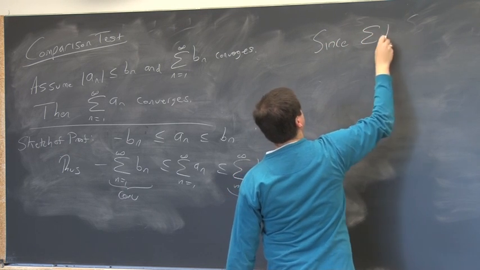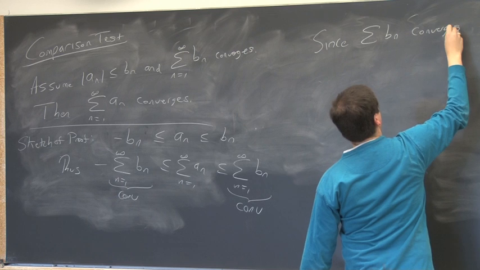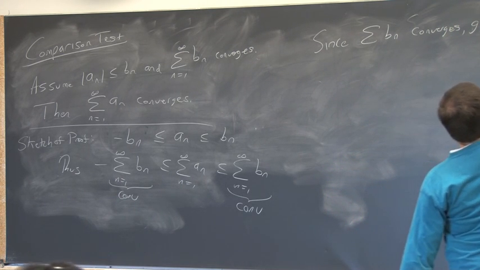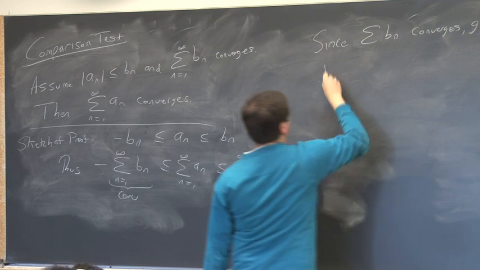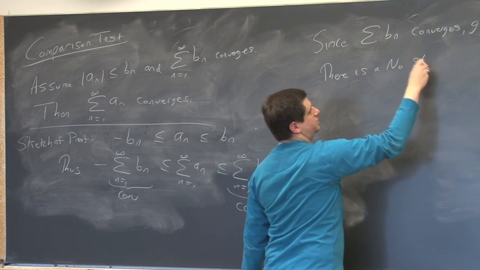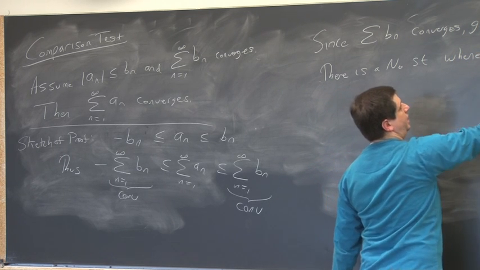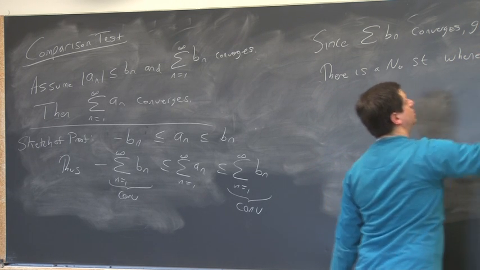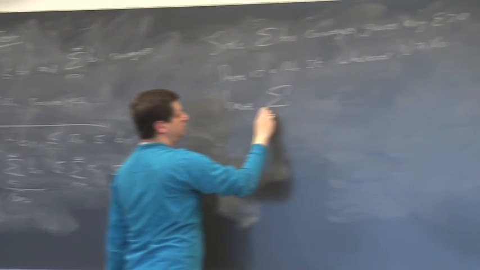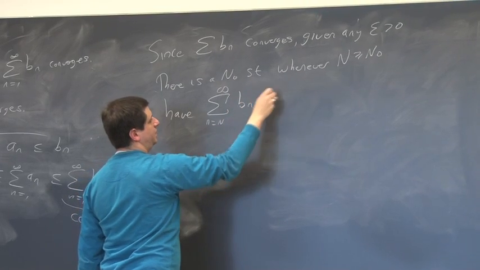Since the sum of bn converges, given any epsilon greater than 0, there is an n0 such that whenever n is greater than or equal to n0, we have the sum, n goes from n to infinity, of bn is less than epsilon.